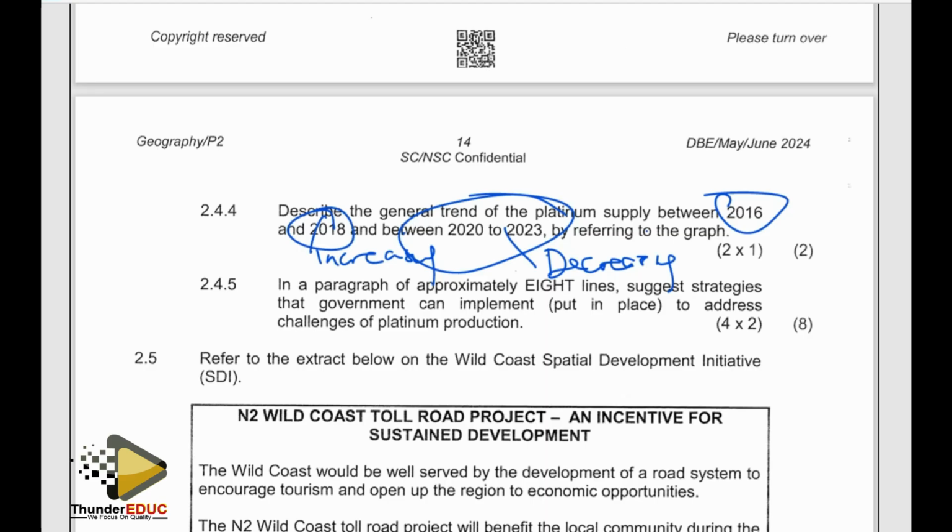The government can collaborate with mining companies and trade unions to try and identify a feasible solution to the problems which are being realized.